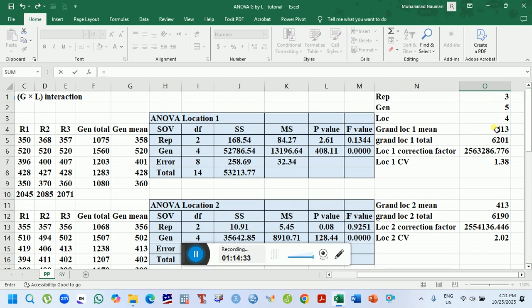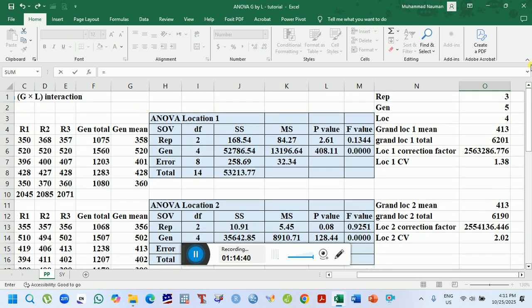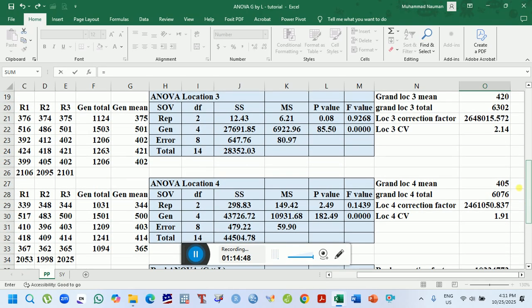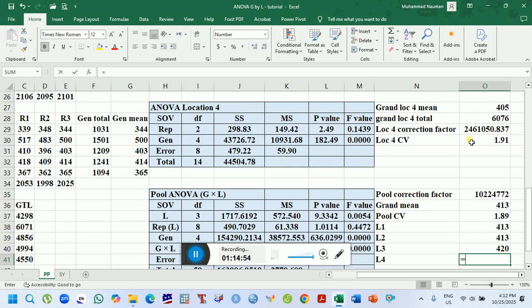Location 1 mean, enter, location 2 mean, enter, location 3 mean, enter, and location 4 mean.